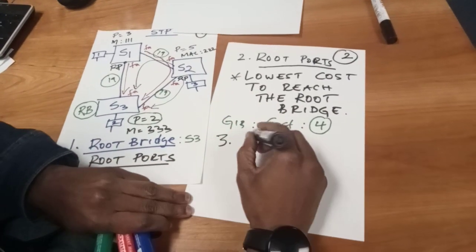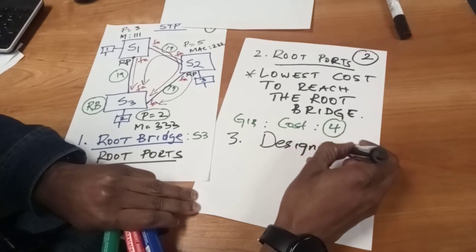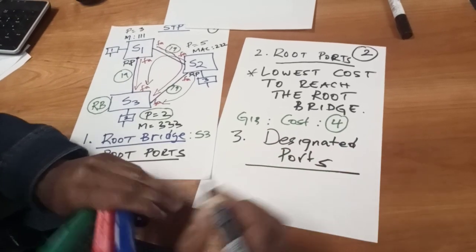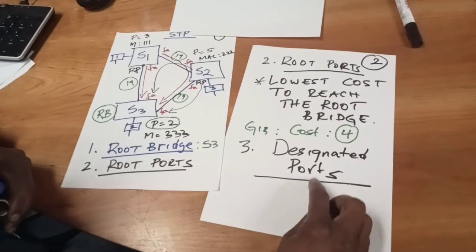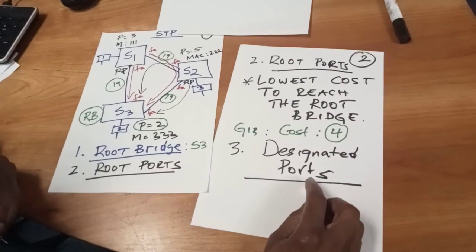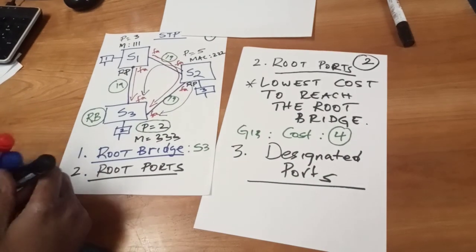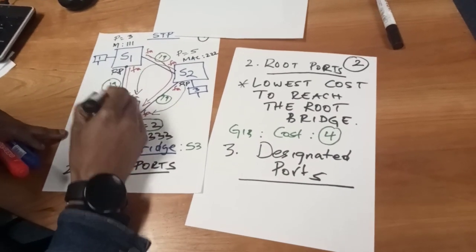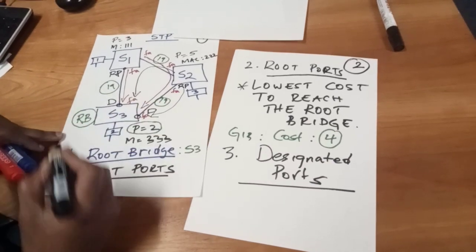Step number 3, you must choose what we call the designated port. You must go to every switch and pick a designated port. From the root bridge, all ports are designated ports. So from the root bridge, this one is your designated port, and this one is your designated port.